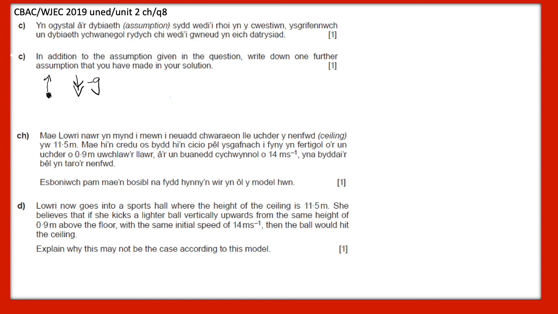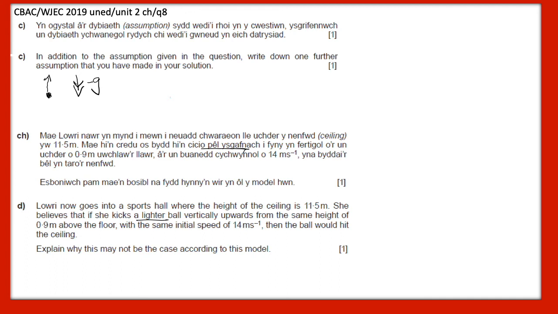Now, in my original diagram, in this particular case, we've got a lighter ball. Laura is obviously a very good person at kicking the ball, but she's not very good at thinking things out, because these accelerations don't rely on anything to do with mass.